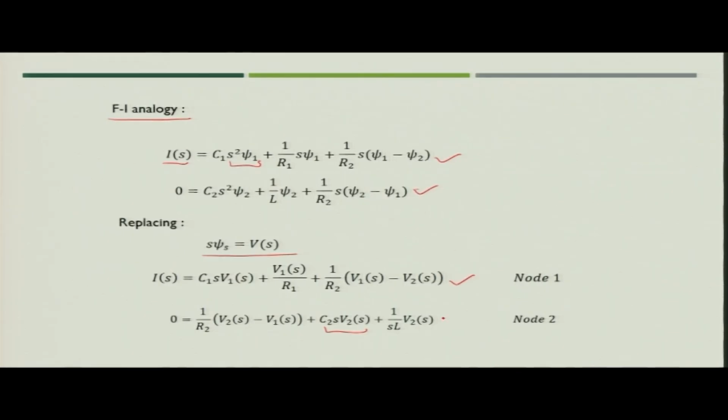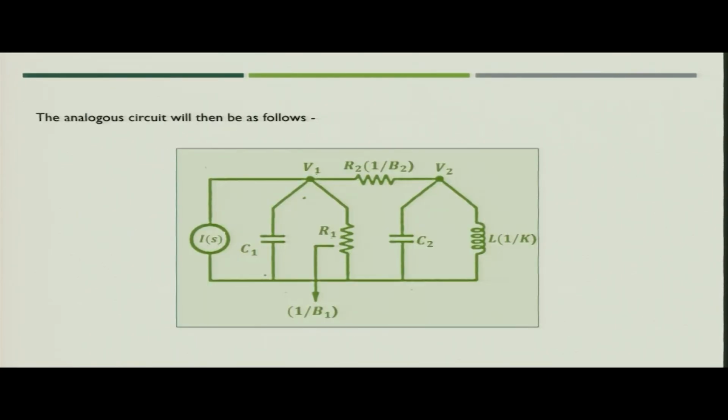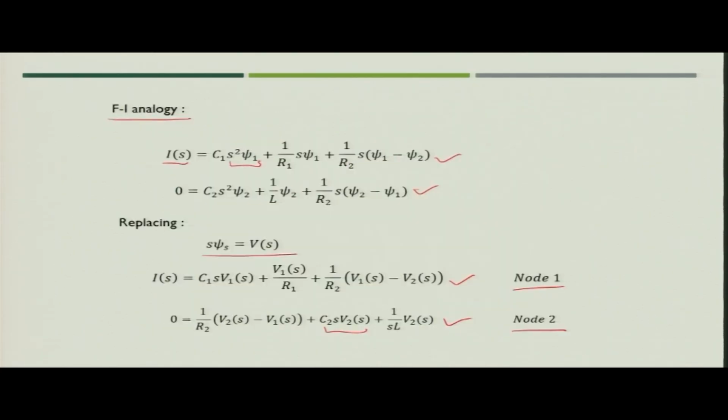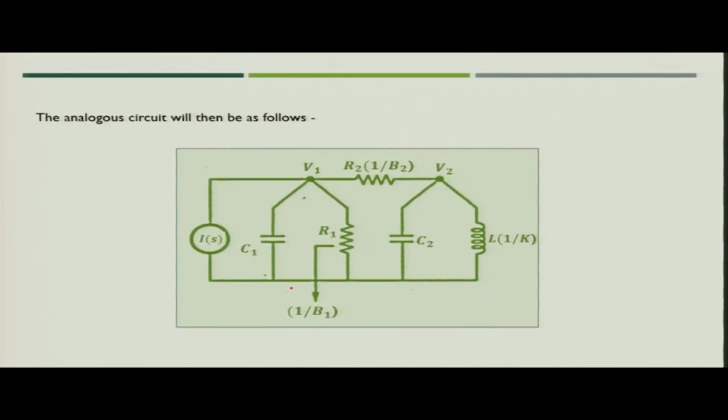So, now you have got two node equations which can be represented with the help of this particular circuit. If you see here, C1 and R1 are in parallel, then you have current source Is which is connected to V1.